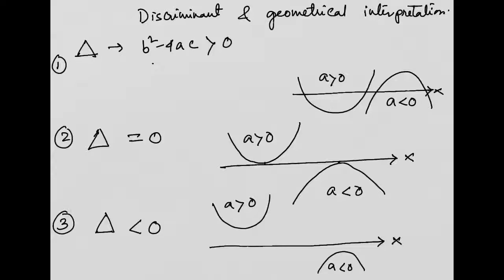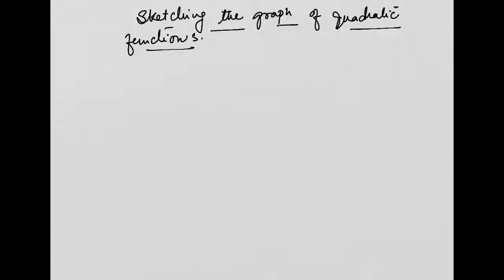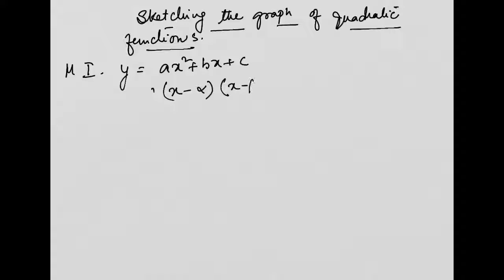The sketching of the quadratic function can be done in two methods. Method 1 is the intercept method. If this is the expression given for a quadratic function, f(x) or even y, we first factorize it.